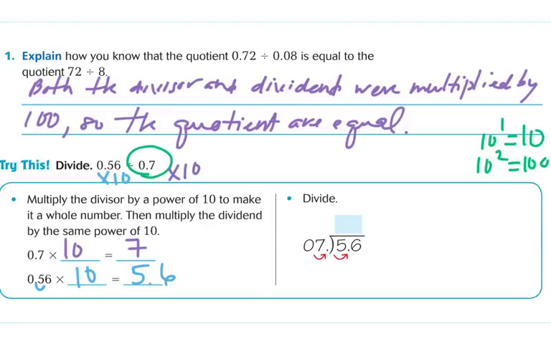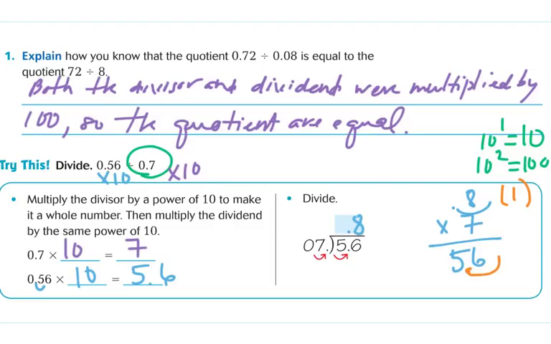And we just pretend, is this like 56 divided by 7? Which normally would give us 8. However, in this case, we know it's 5 and 6 tenths divided by 7, which would give us 8 tenths. And if we want to check using multiplication, boys and girls, we say 8 tenths multiplied by 7 is normally 56, but we know that we have 1 decimal place that we have to move in the product.